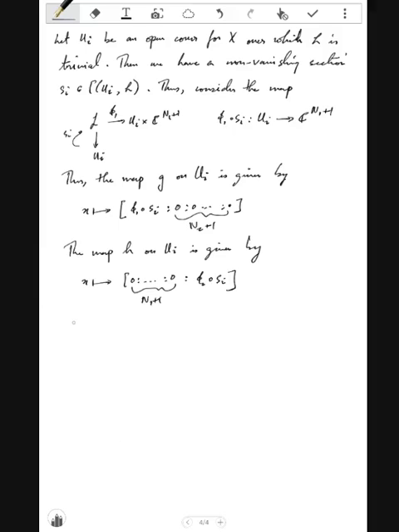So consider the map f_lambda,i from U_i to P^n given by lambda times phi_1 composed with s_i colon (1 minus lambda) times phi_2 composed with s_i.